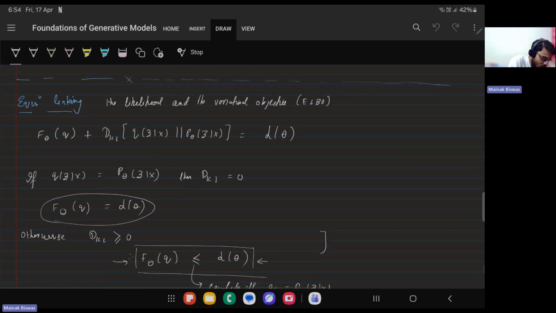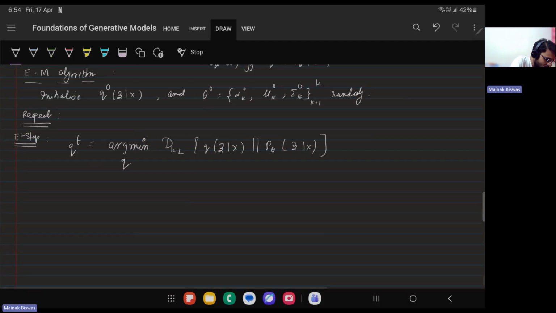Once I do that, I can just drop this term out, right? Because if it is the minimum, I know for most of the models, this is equal to 0. This term goes to 0, which is the minimum. Therefore, q_t(z|x) is nothing but p_theta_t(z|x), the t-th iteration. We can equate them to each other.